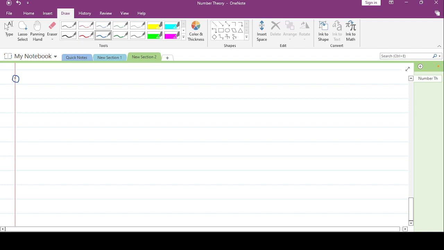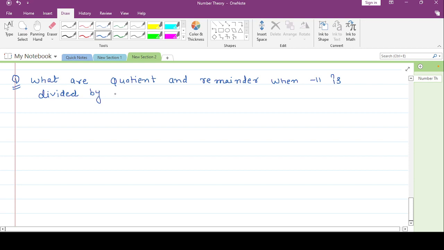So the question is: what are the quotient and remainder when minus 11 is divided by 3? So this is the problem which we want to solve.